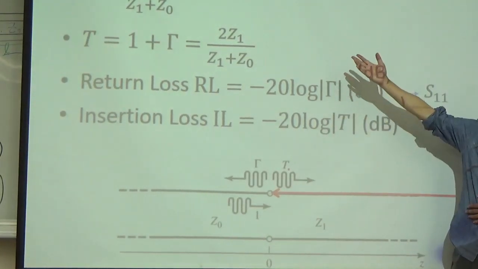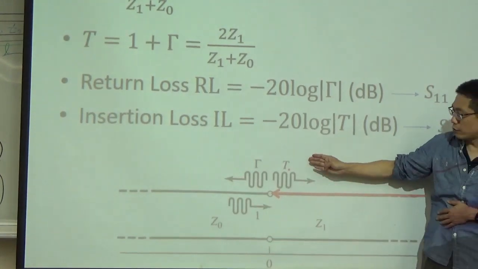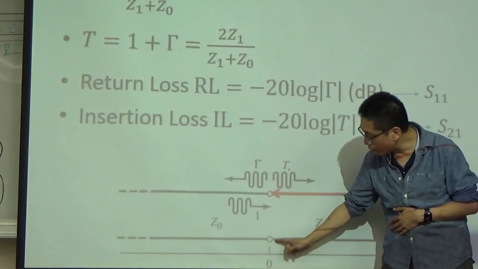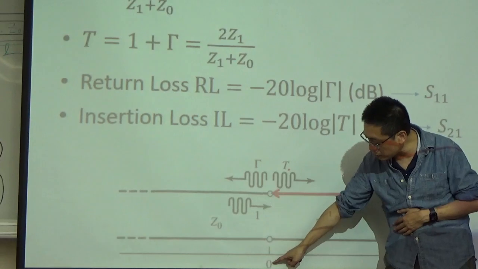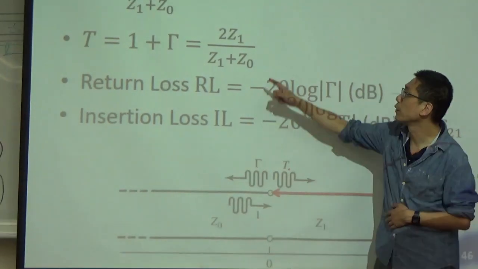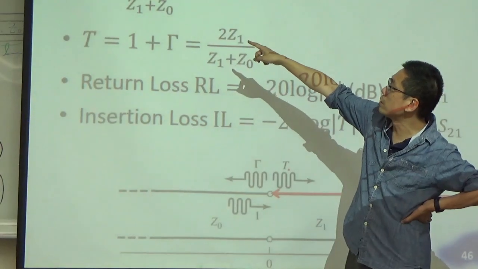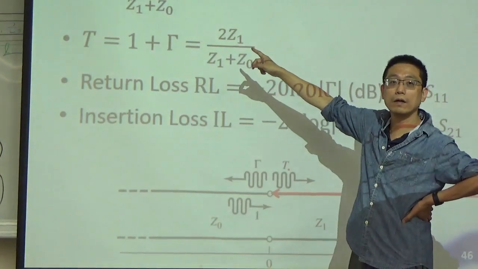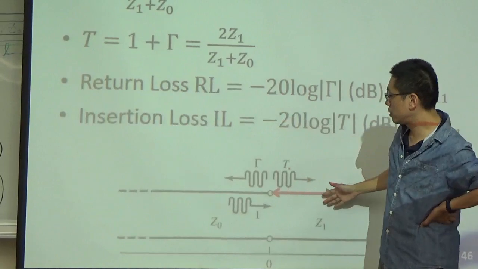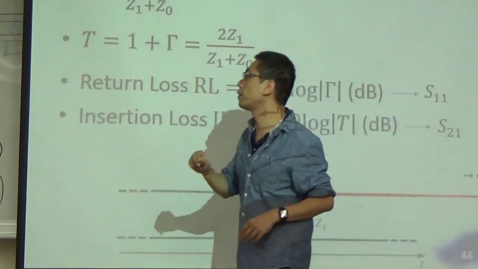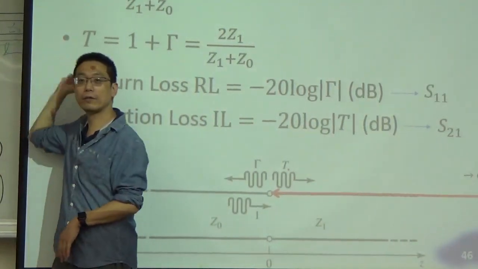You can also use this equation. Your reflection coefficient at z equals 0 is Z1 minus Z0 over Z1 plus Z0. Okay? This case is a little bit different.